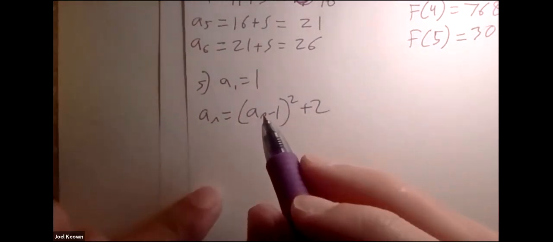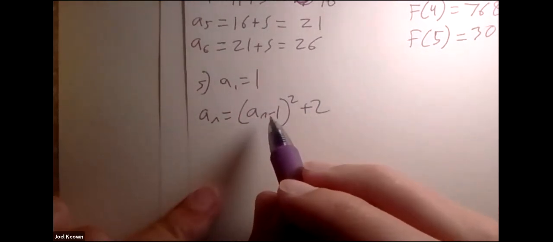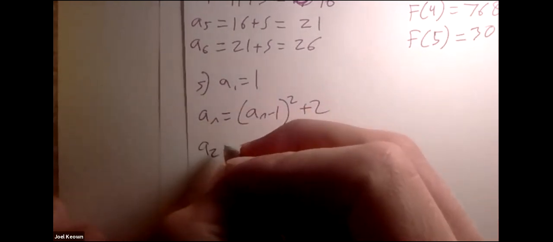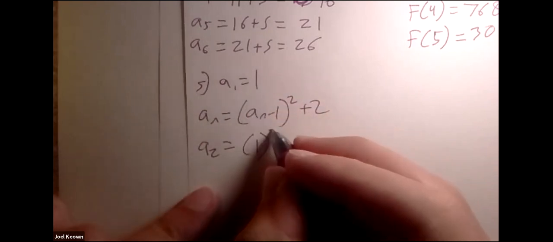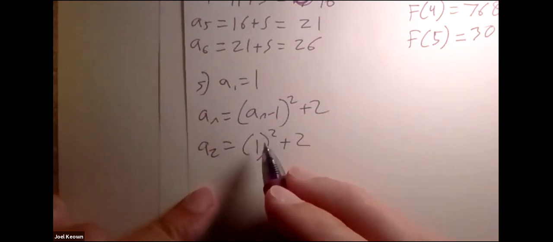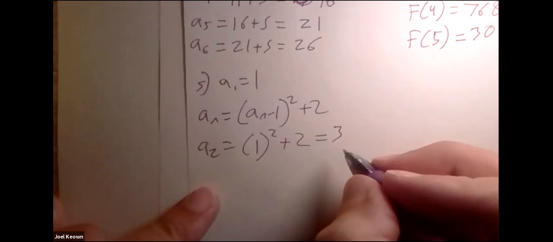Simple enough, this one. This means previous term, and I'm squaring the previous term. So for a sub 2, I'm going to take the first term, put it in there, square it, and add 2. 1 squared is 1. 1 plus 2 is 3.